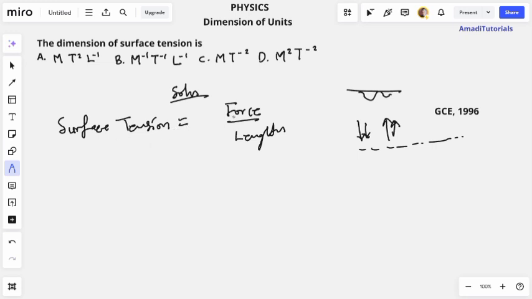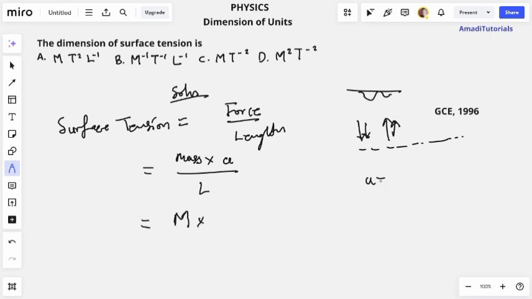So surface tension is what? Force per unit length. Now we are going to find the dimensional unit for each of these other quantities. Force on its own, if you define it, is what? Mass times acceleration, A. Length. The dimensional unit for length is capital letter L. So we continue. Mass, the dimensional formula for mass is m.